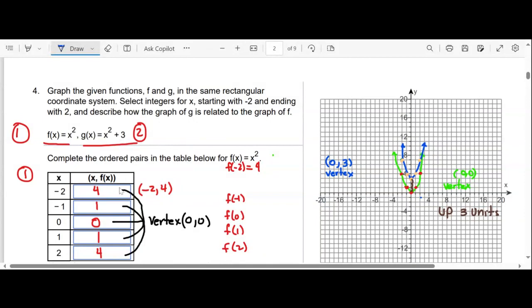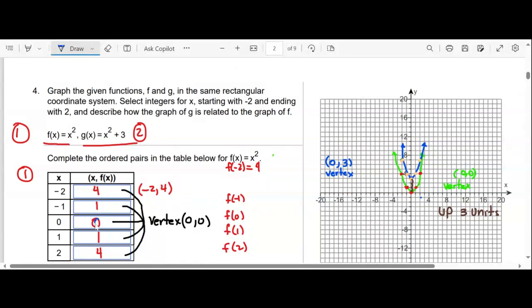So what we're going to do is just put in values. He already gave you the values. He said try 0. So 0 for x, how much is y? 0. Negative 1 for x, how much is y? 1. Negative 2 for x, how much is y? 4. 1, how much is y? 1. 2 for x, how much is y? 4. So you get the numbers.